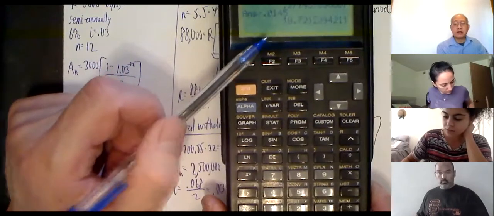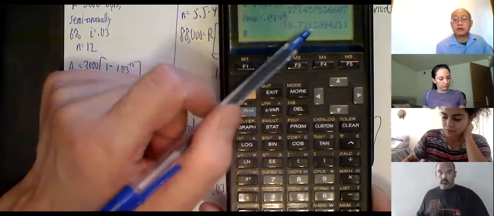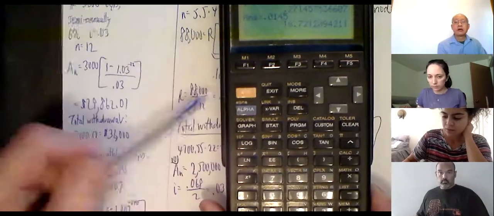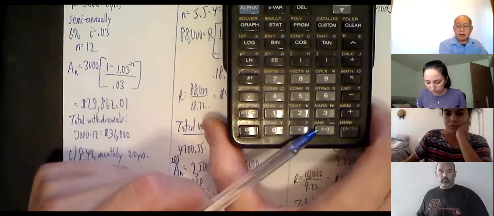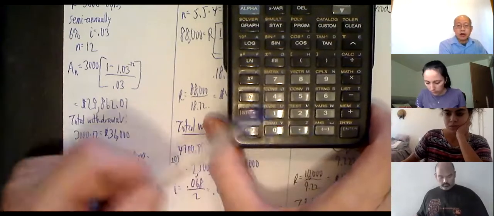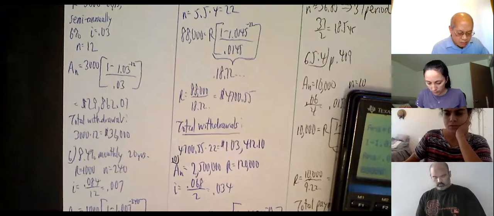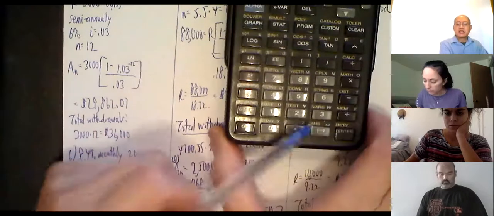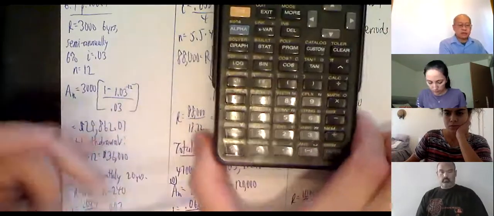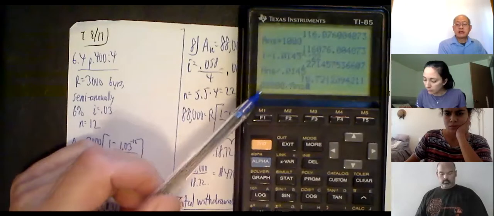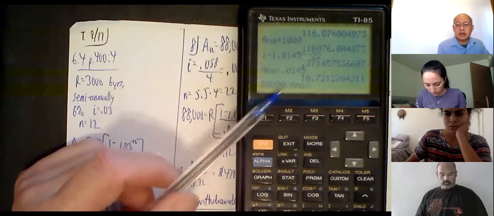So you folks would literally have to go 88,000 divided by 18.7212094211. Much better if you have this answer button that I talked about before. So I'm just going to go 88,000 divided by second function answer. Notice what it says on my calculator, and I assume many of yours have that also: 88,000 divided by answer.